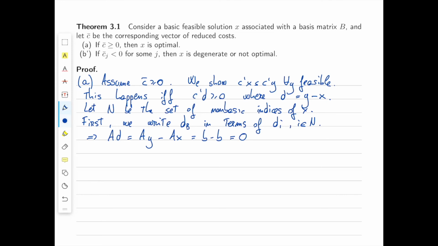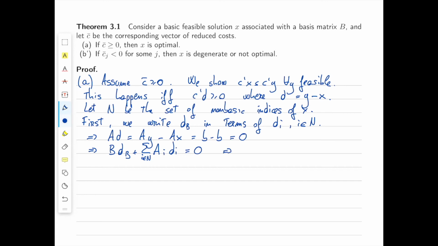Now we rewrite Ad equal to 0 by dividing, as always, basic and non-basic components. We obtain B d_B plus the sum of A_i d_i equal to 0, where the sum ranges over all the non-basic indices. Since B is invertible, this allows us to write d_B in terms of the remaining quantities.